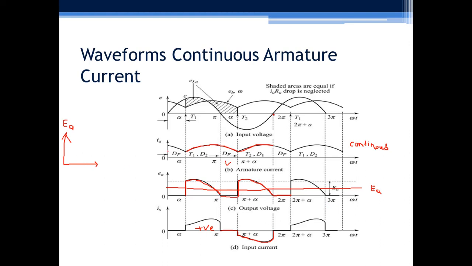And if you find the average current, it will also be positive here. So our converter drive will operate in this quadrant, the first quadrant. That means power will only flow from source to the load. So this offers us one quadrant operation.